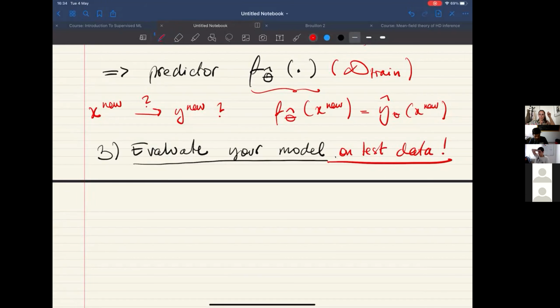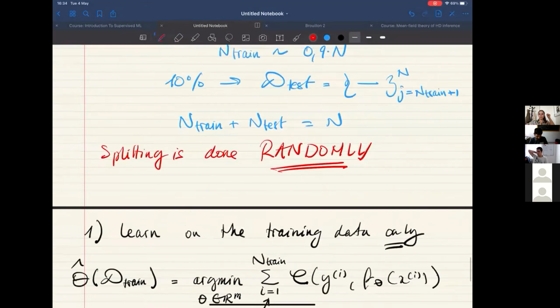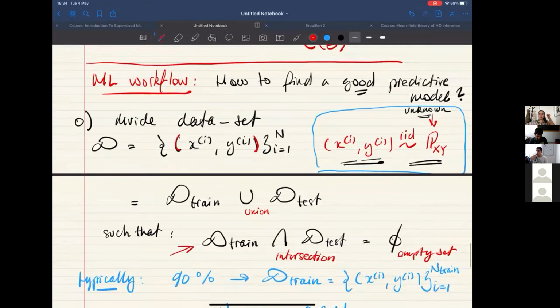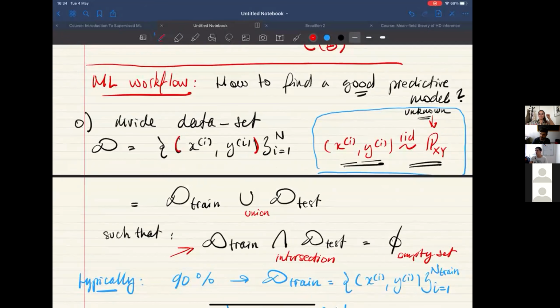And hopefully we have some fresh, unseen data, because at the beginning, we have divided our data into two separate sets, one that we used to train, and the other, which was not used to train in any way. So this test data is completely uncorrelated to the learning procedure that you used.